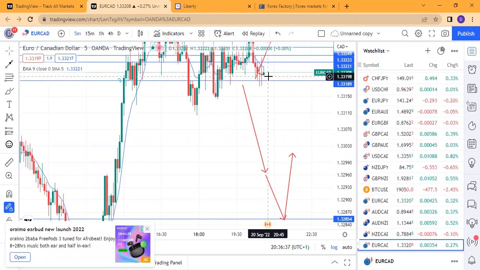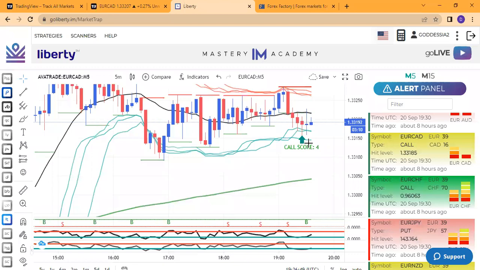So that's just the trick. Always enter at the close of candle preferably. And always make sure that when it's in your zone, you quickly come on your Liberty app. This is, should I say, a strategical way of trading.